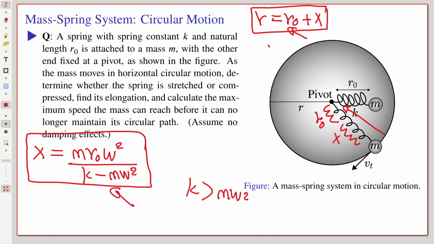In fact, as m omega squared gets closer and closer to the spring constant k, this extension tends to go to infinity, which in theory makes sense, but in practice, it does not make any sense at all.